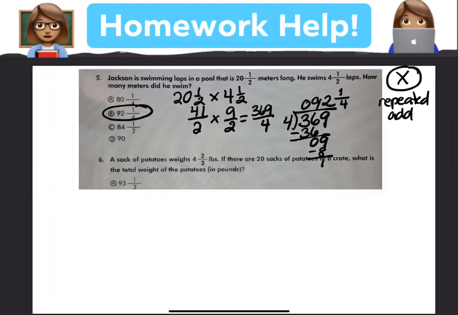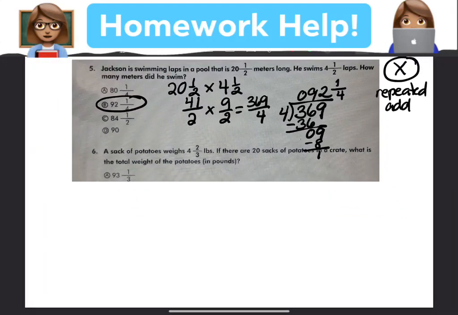All right, so I'm going to make that smaller again, and we're going to go into the next problem. I'm just going to delete this little part, just so you can see where I got it. In this one, there's a sack of potatoes that weighs 4 2/3 pounds, and there are 20 sacks in a crate. So I'm thinking of a sack of potatoes that weighs 4 2/3, and I have 20 of them in a crate.